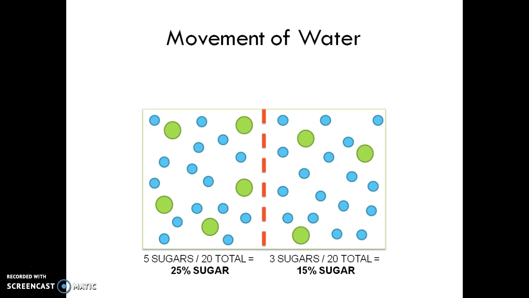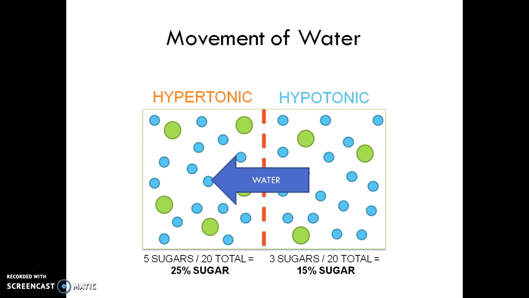Now, let's take a closer look. Let's zoom in so we can actually see what the particles are doing. Notice on the left-hand side, I have a higher concentration, so it is hypertonic, compared to the right side, which is hypotonic. Now, we can watch the movement of water towards the hypertonic solution. As the particles move, we can see how the concentrations change.